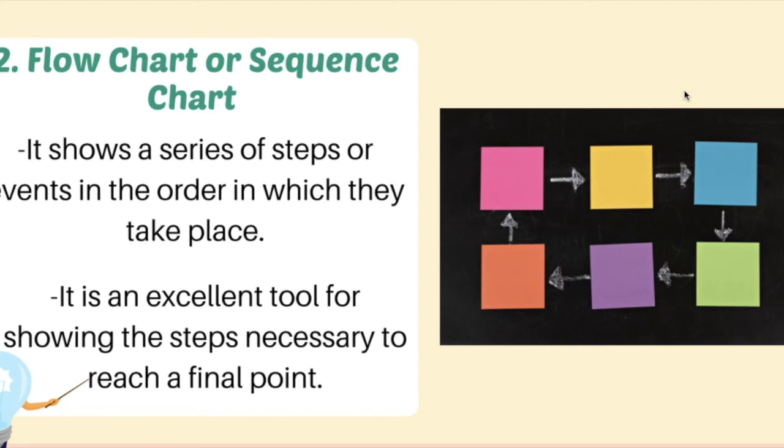As you can see on the right side of the screen, it is an excellent tool for showing the steps necessary to reach a final point. That's why it is called a flow chart, because it follows a sequence. The first one, the second one, the third one, and so forth and so on.